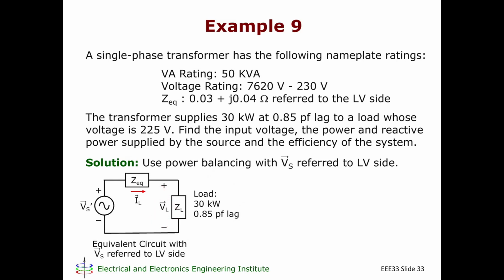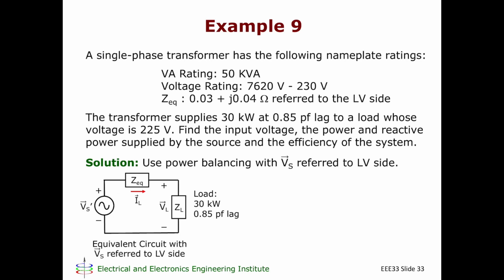This is my equivalent impedance, which, according to the nameplate rating, is already referred to the low voltage side. So what I have to do is refer V_S to the load voltage side, and that is V_S prime. Anyway, before doing that, let's complete the information on the load.